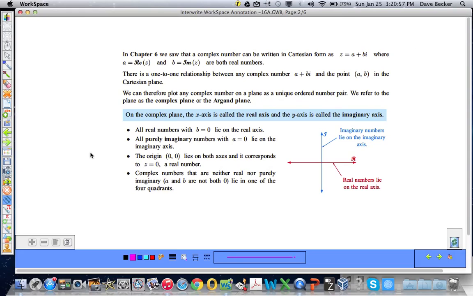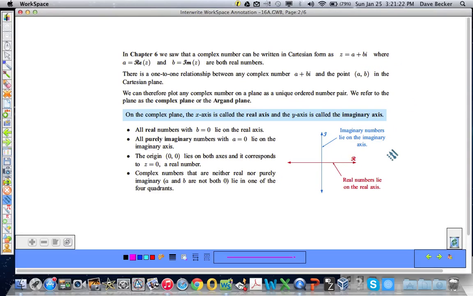First thing we're going to talk about is the Argand plane, the complex plane, and Argand diagrams. The Argand plane is represented by a horizontal real number axis and a vertical imaginary number axis. We've talked about complex numbers in the form z equals a, the real part, plus bi, the imaginary part.